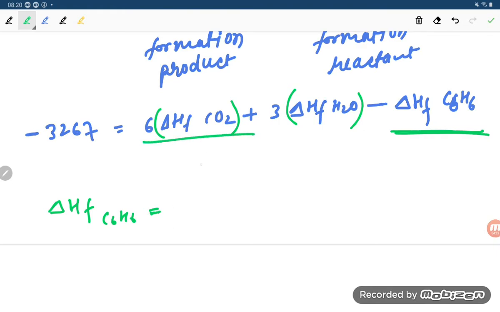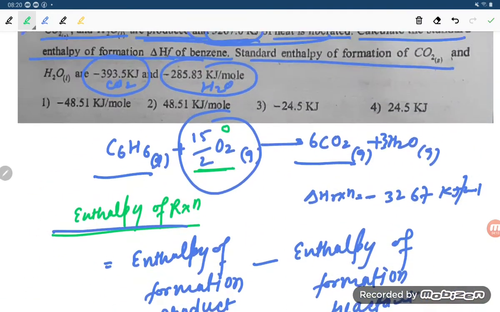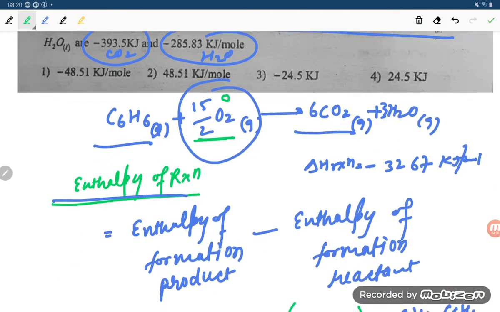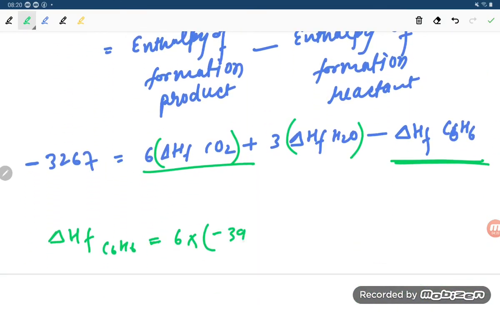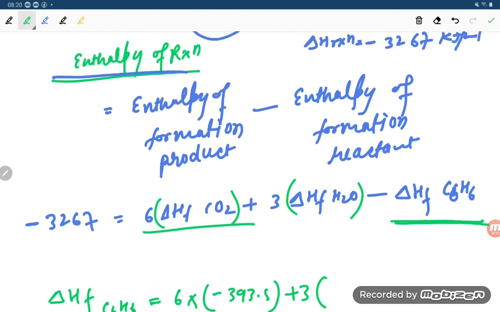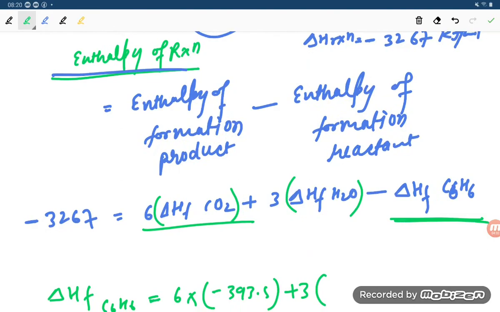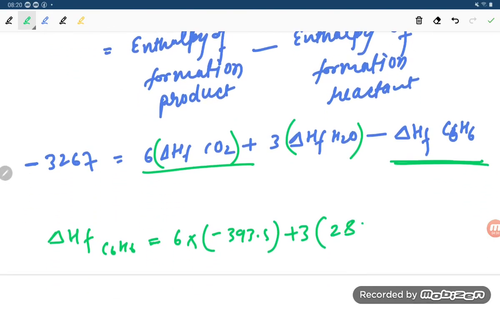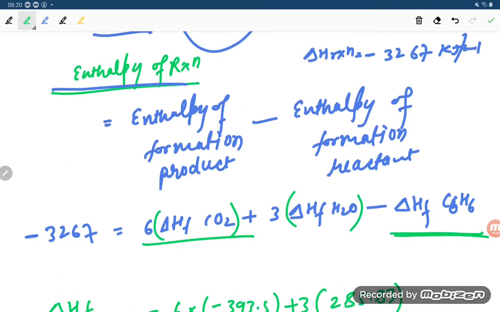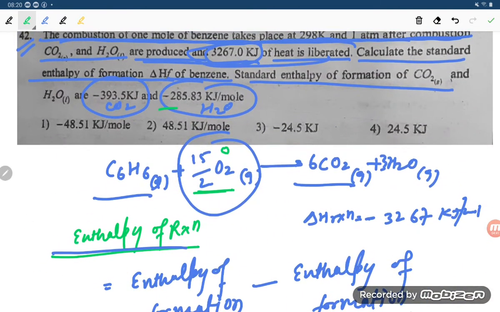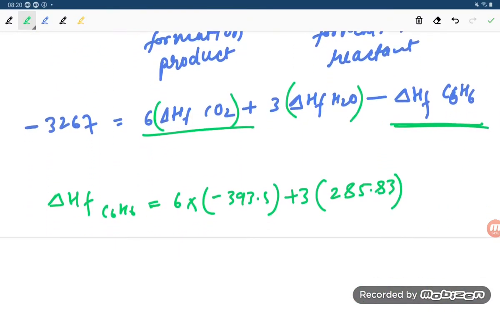So 6 CO2: 6 into negative 393.5, then plus 3 water, enthalpy of formation 285.83. Now the enthalpy of formation of benzene, delta HF C6H6, we have to calculate.